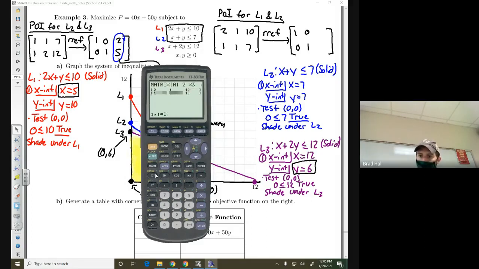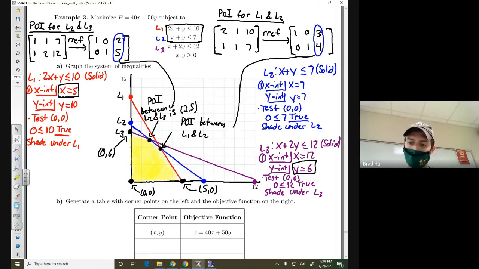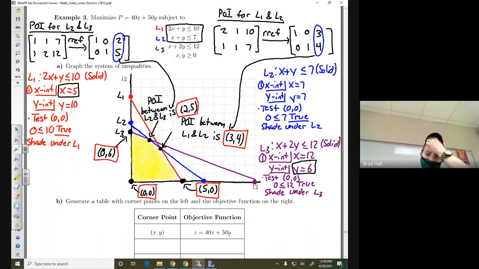Once you do the RREF command once more, you will get 3 and 4. So that point of intersection is (3, 4). And so from here we have 1, 2, 3, 4, 5 points of intersection.